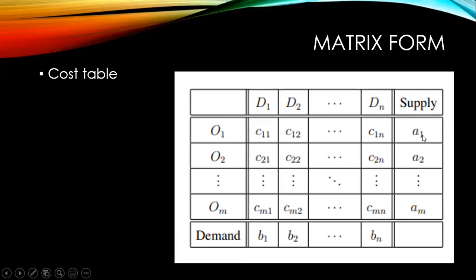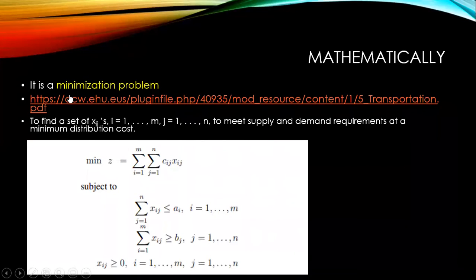So if we sum all the supply and sum all the demand, and total supply is equal to total demand, then our problem is a balanced transportation problem. Mathematically, the transportation problem is a minimization problem.